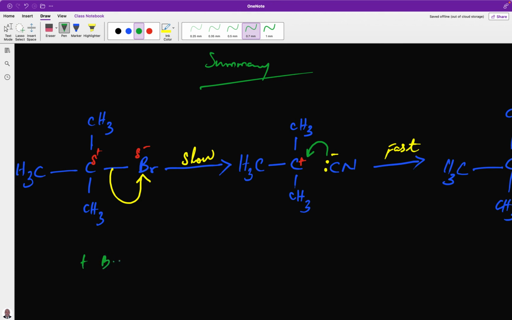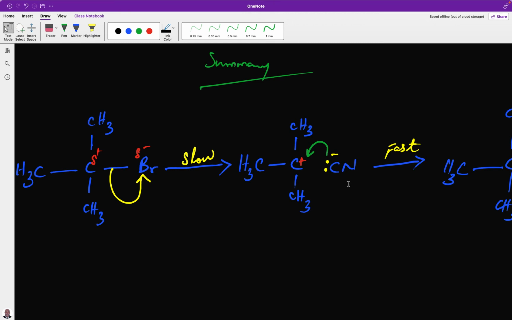The bromide now leaves. So this is just a summary of it. Ionization leads to what? The formation of a carbocation.